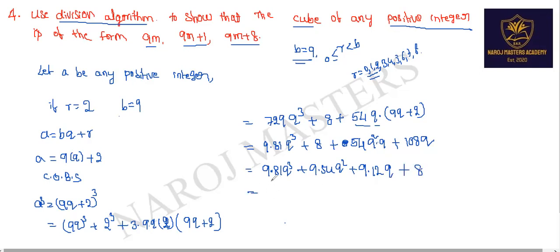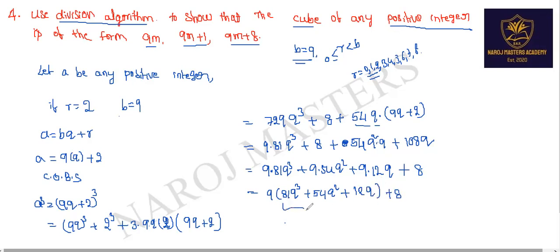Now take 9 common from the first three terms: 9 into (81q³ + 54q² + 12q), plus 8.